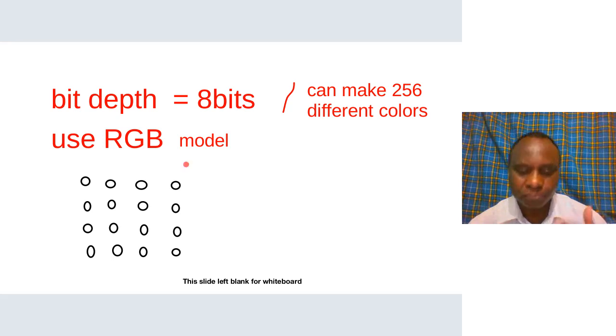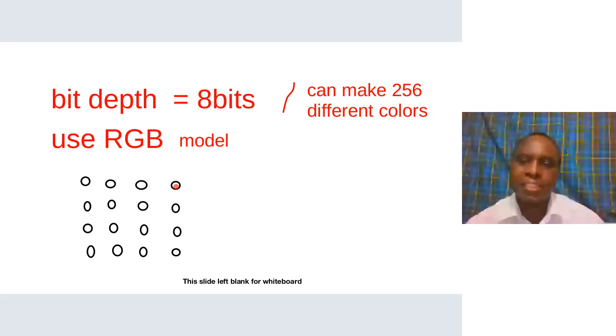So if your system is using 8 bits for our demonstration here, then each of these points, which of course are circles but we are taking as a point, is represented by 8 bits. Each of them is 8 bits.